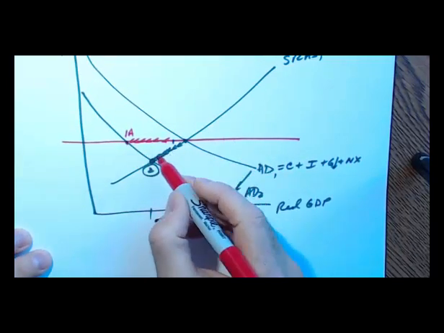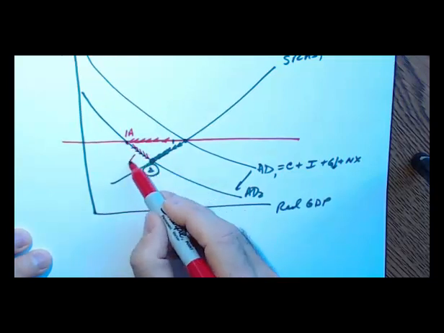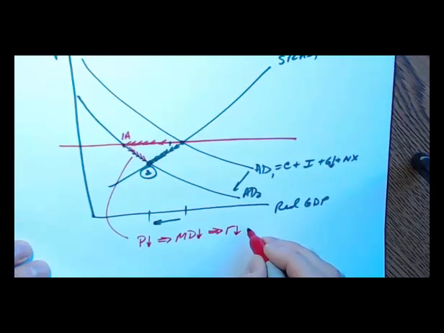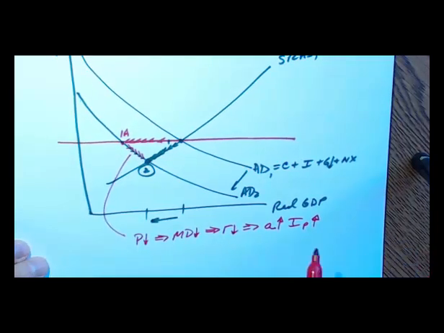But we have to come down, so we have to address now what's happened here. Prices have come down, which implies money demand has dropped, which implies R has dropped, which implies that autonomous consumption goes up and IP, planned investment, increases.